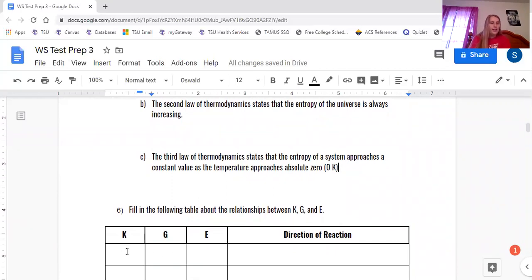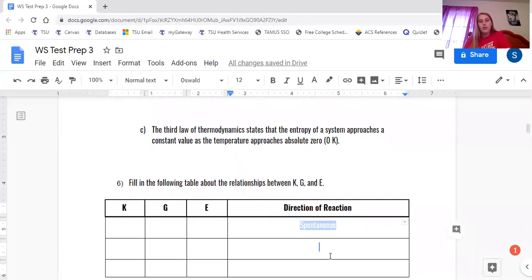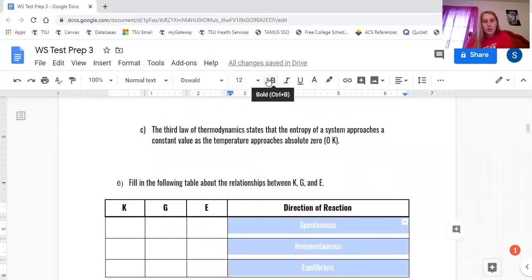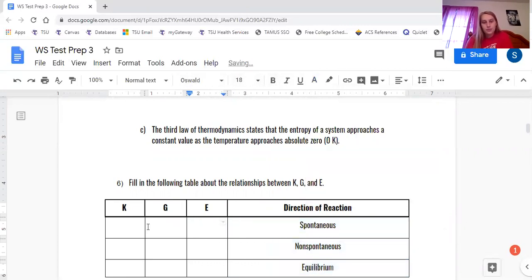So with this, we're going to look at the direction of a reaction and what that's going to mean for K, G, and E here. We're going to talk about when it's spontaneous, non-spontaneous, and whenever it's at equilibrium. Whenever it's spontaneous, these values are going to reflect that in a certain way.